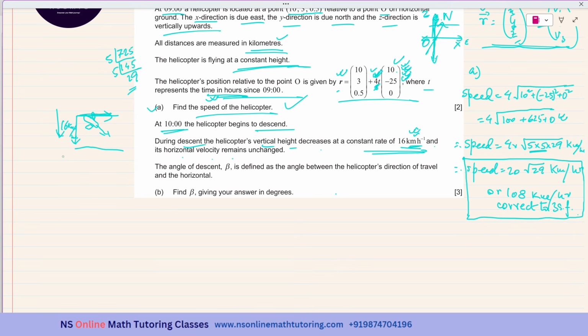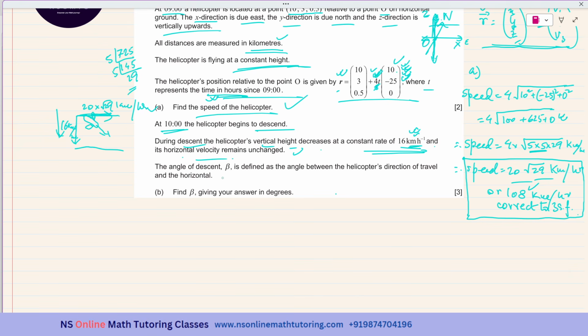And the horizontal speed is the same, since horizontal velocity remains unchanged. It is 20 root 29 or 108 kilometers per hour. I can take it as 20 times root 29 kilometers per hour. So the horizontal speed is 20 root 29 kilometers per hour, and the vertical speed is 16 kilometers per hour.